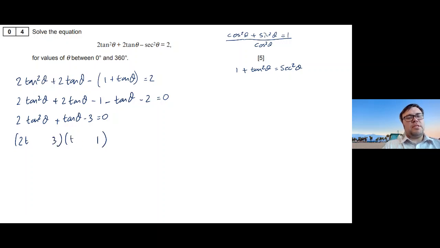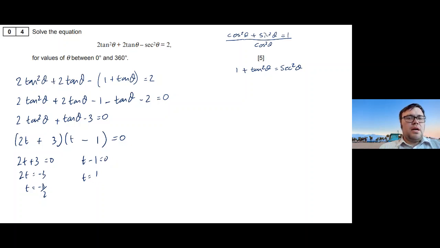Now we need to sort out the sign, so this one is going to be positive and this one negative, which gives 3t minus 2t, the plus t in the middle. Then 2t plus 3 equals 0, so t equals minus 3 over 2, and t minus 1 equals 0, so t is equal to 1.